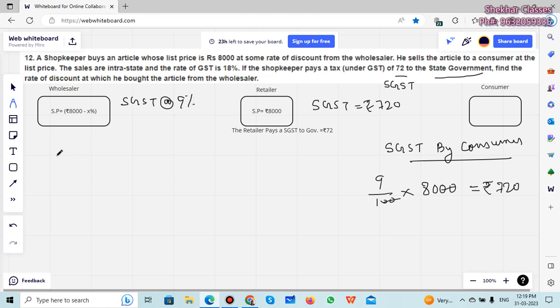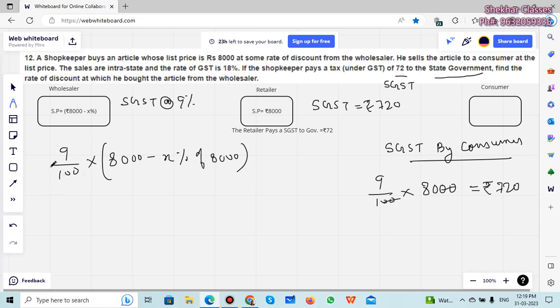So that will be how much? 9% of what? 8,000 minus X percent of 8,000 only. Clear? Because discount is always on the mark price.